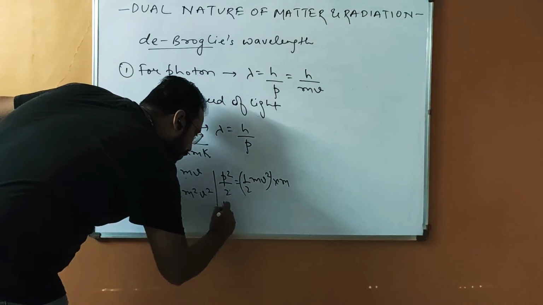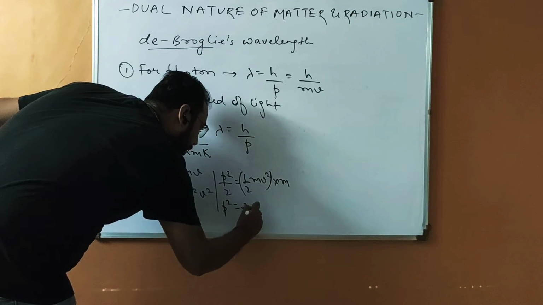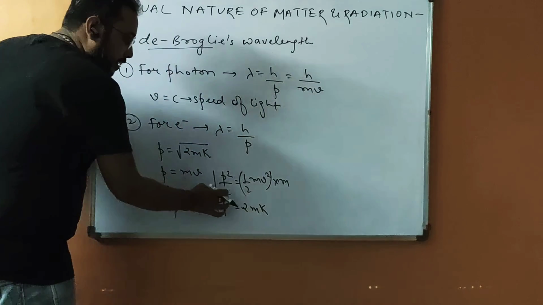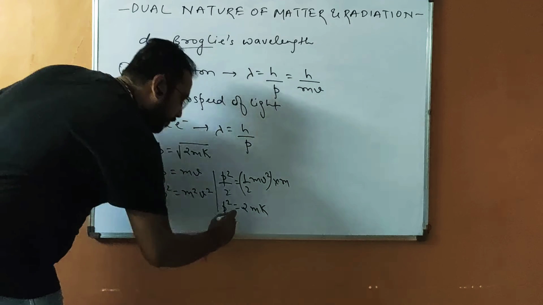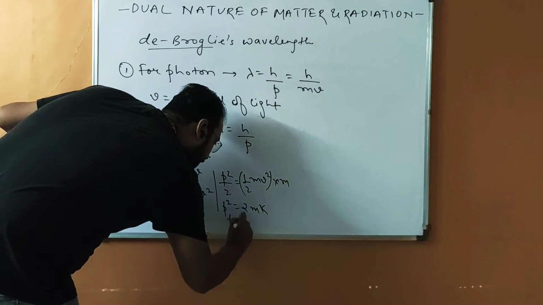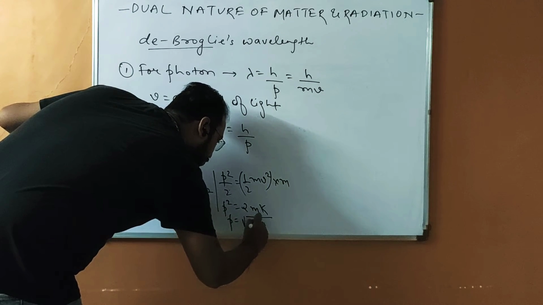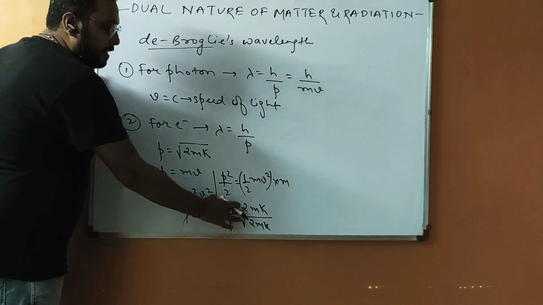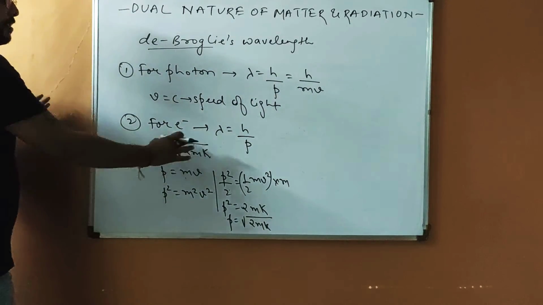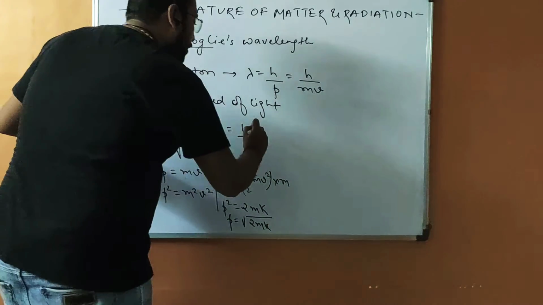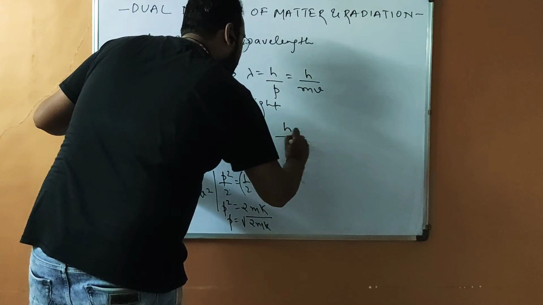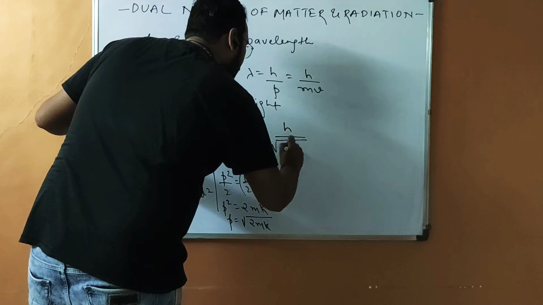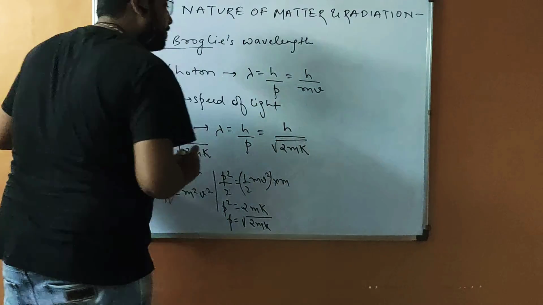kinetic energy. So P square can be written as 2mk. Therefore, P can be written as under root 2mk. This was the basic relation between momentum and kinetic energy. P is equals to under root 2mk. So what we can write here? H upon under root 2mk.